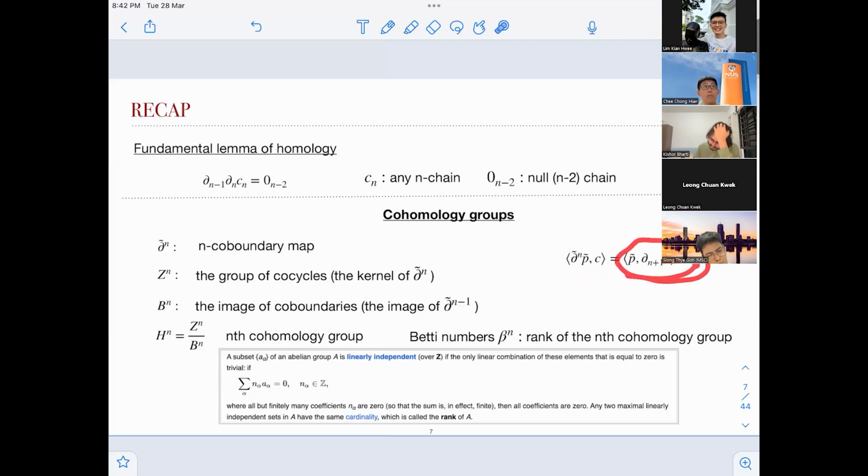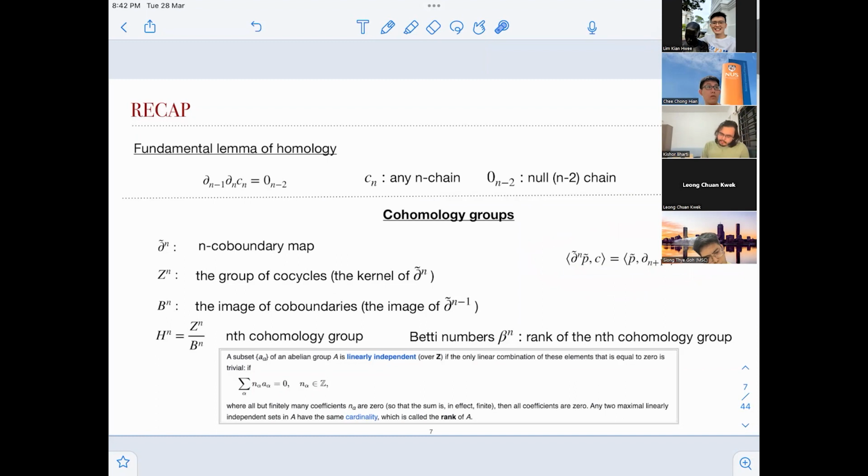This might remind you of operators A and U acting on psi, where you take U to the other side. It's similar: delta n goes from here to here, and you get delta tilde n. This is the defining equation for the co-boundary map.